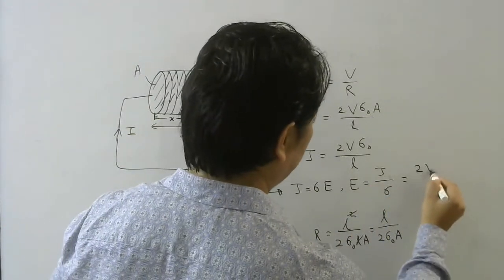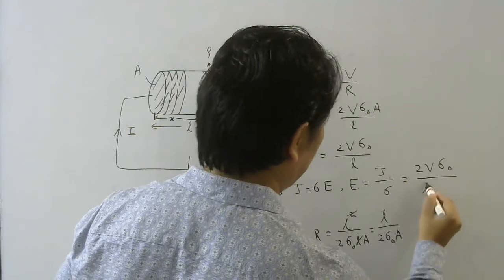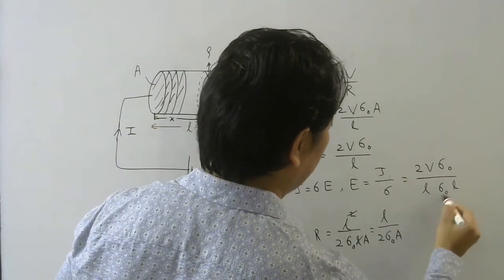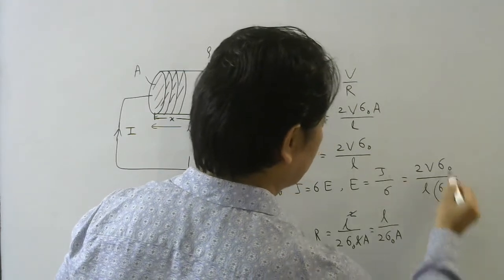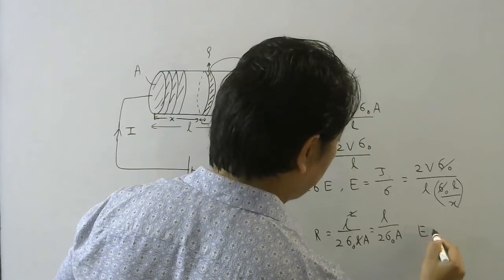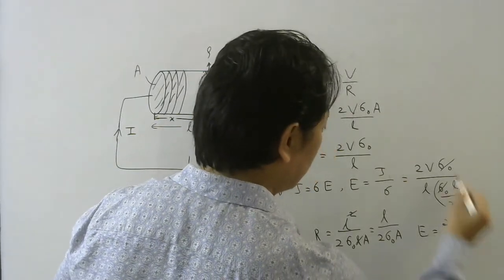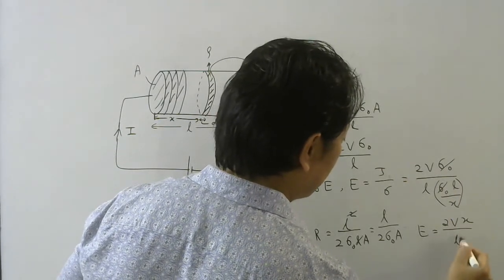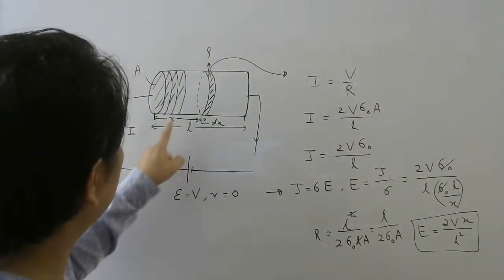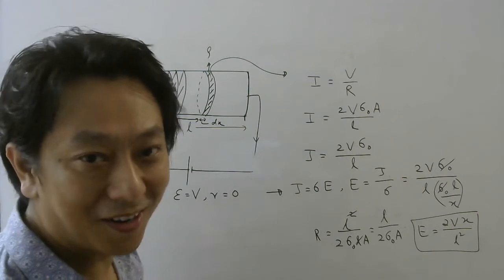Now J is 2V sigma naught by L. Sigma itself was sigma naught L by x. So sigma naught gets cancelled. So finally your E will be 2V, x will go in the numerator, by L square. So this would be the electric field at a distance x from one end of the rod, right?